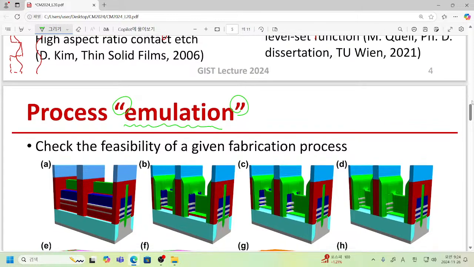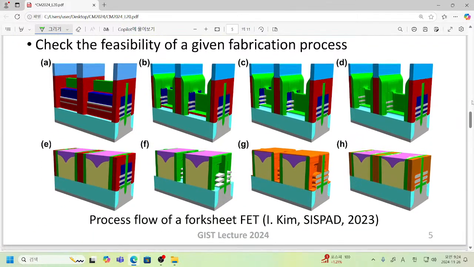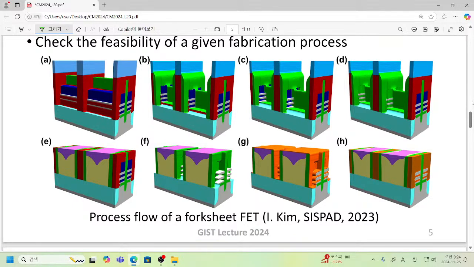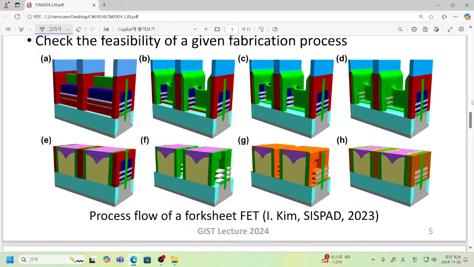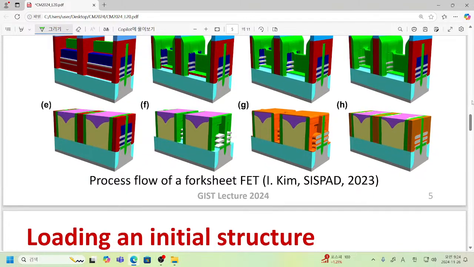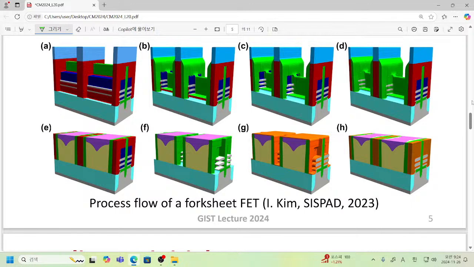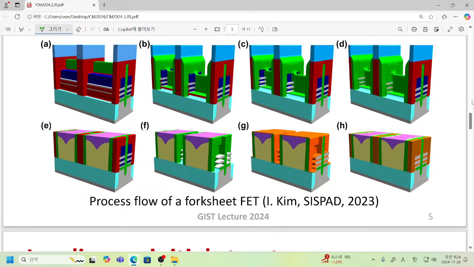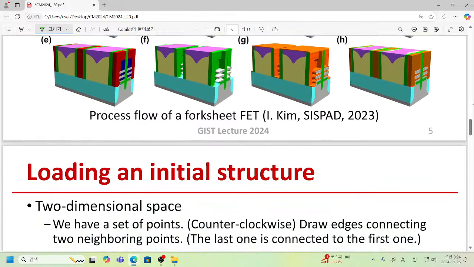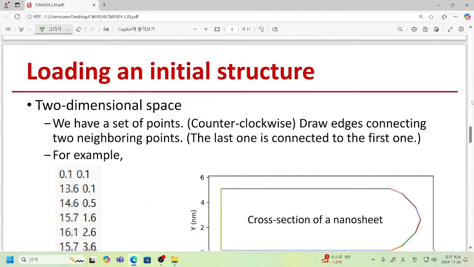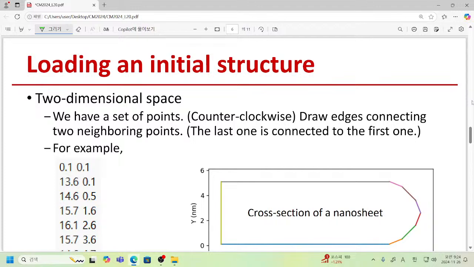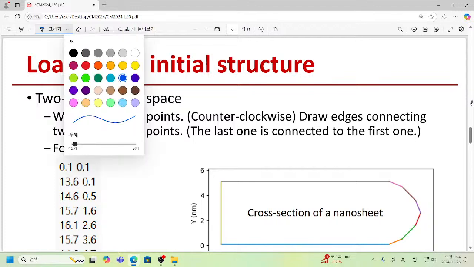By using this technique, we can make a simulation tool or emulation tool for investigating the process simulation steps. So it is quite useful in our case.